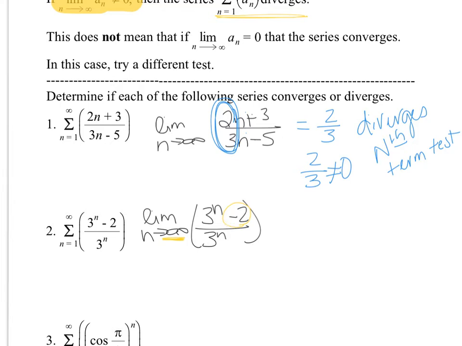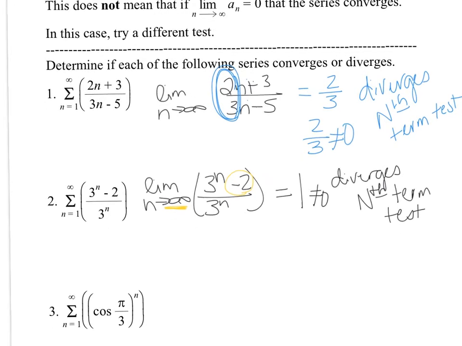So this does go to infinity, and the limit is actually 1, because it's leading over leading and they are the same power. So this one also diverges, because the limit to infinity is not 0, and it's also by the nth term test. Again, very fast and easy to do these.